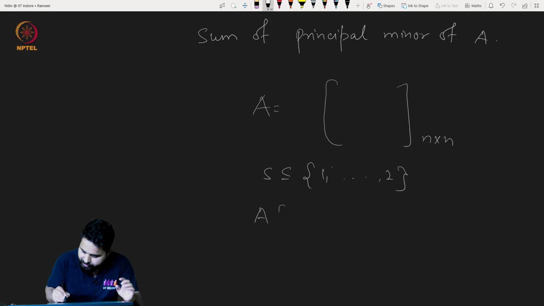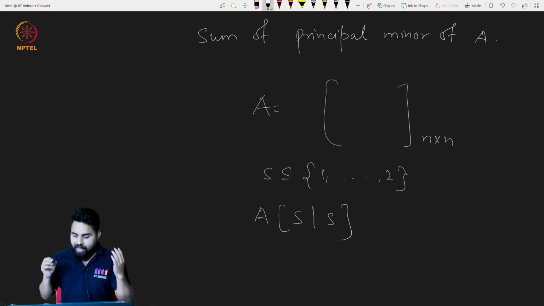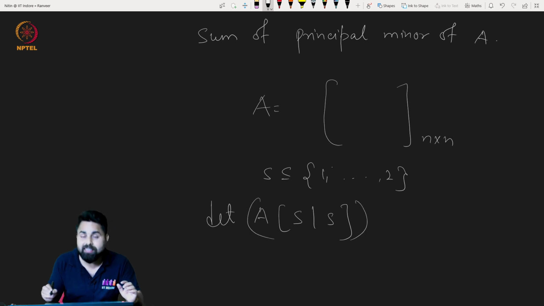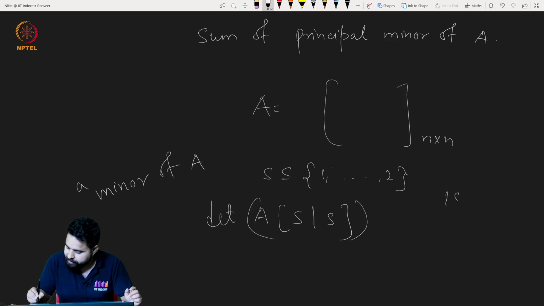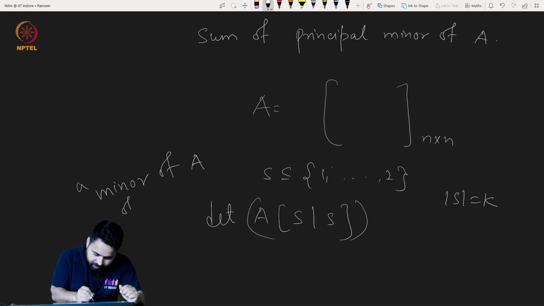We have actually seen this notation. The determinant of this is a minor of A, and if the size of S is k, it is a minor of size k.